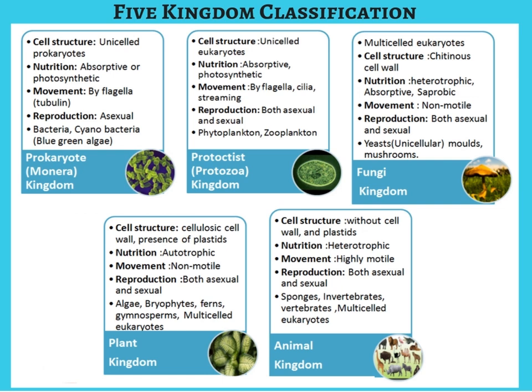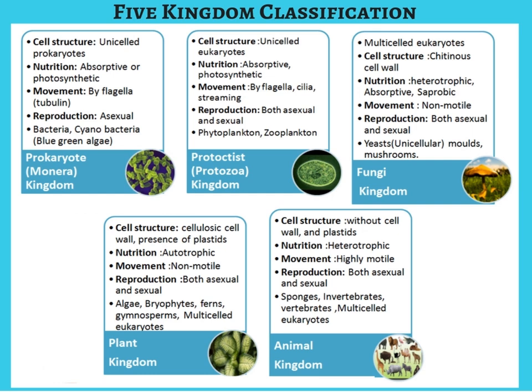If we talk about movement, these organisms are highly motile. When we compare kingdom Animalia or animal kingdom, one of the prominent features that differentiate it from other kingdoms is the presence of highly developed type of movement. We can see animals can locomote from one place to another.